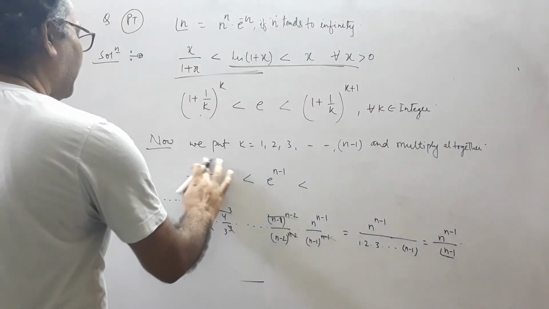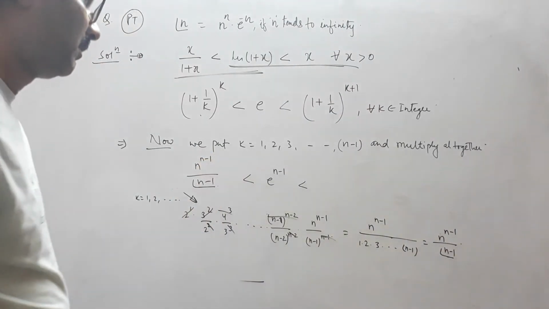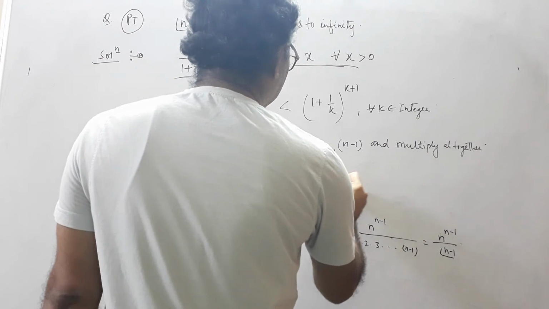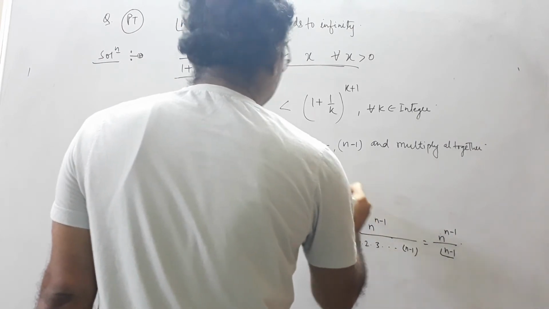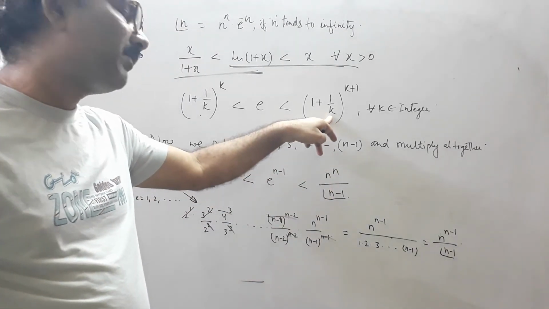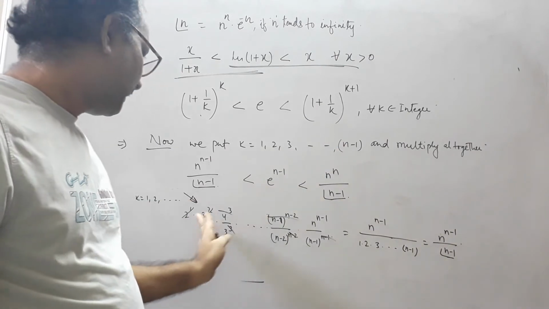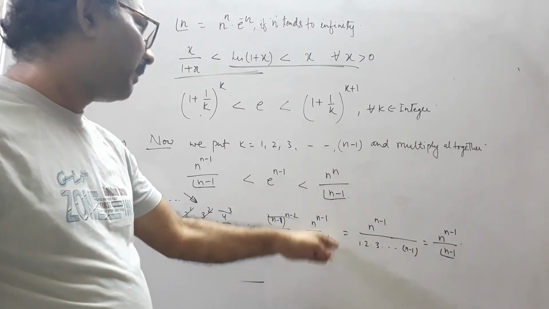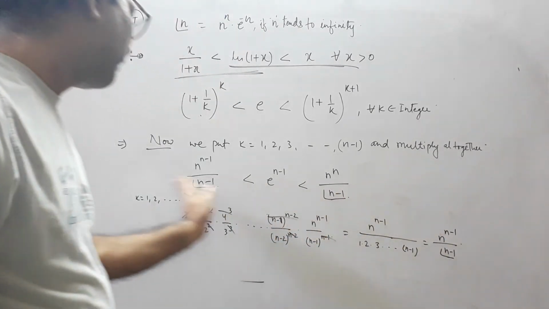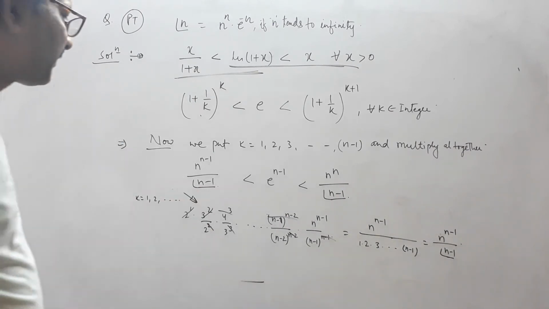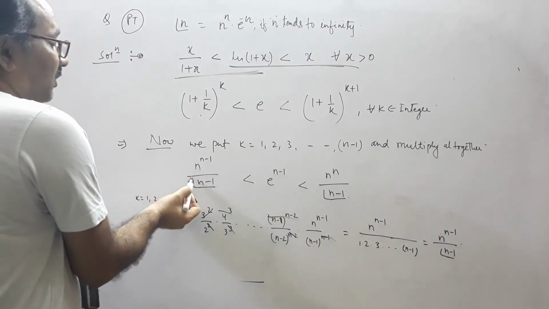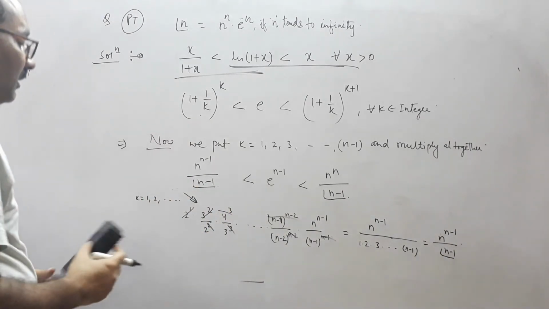Okay, and here we shall have n to the power n divided by factorial n minus 1, because in the denominator what shall we have, that is the value of k is n minus 1, and the power will be n. Okay, so it will be cancelled out by this and we shall have this inequality now. Okay, like this. This inequality has been transformed into this form. Okay, now we move further.